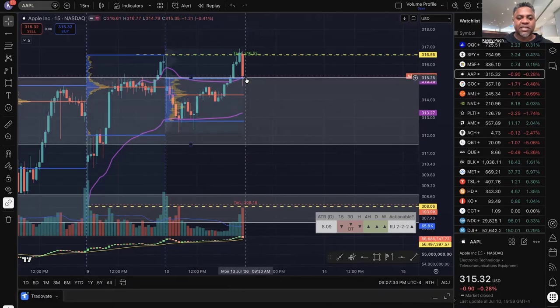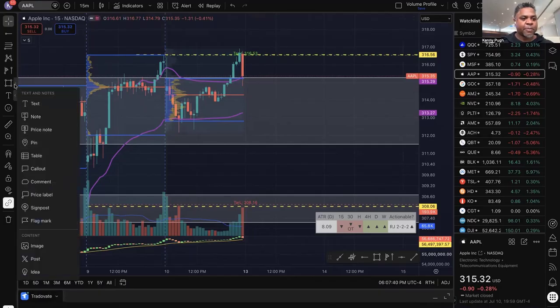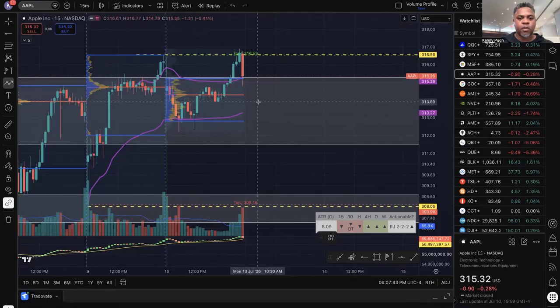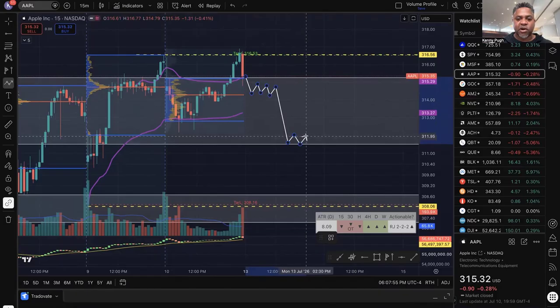If we break back inside of the city and accept, then there's a potential that we go from here, break inside, maybe accept in here, go a little back and forth. Then the ultimate goal would be to traverse back over to the lower side of the city. When we get to this lower edge, do we accept at the bottom and then come up? Or do we break outside, retest, and then look to head to this next city?